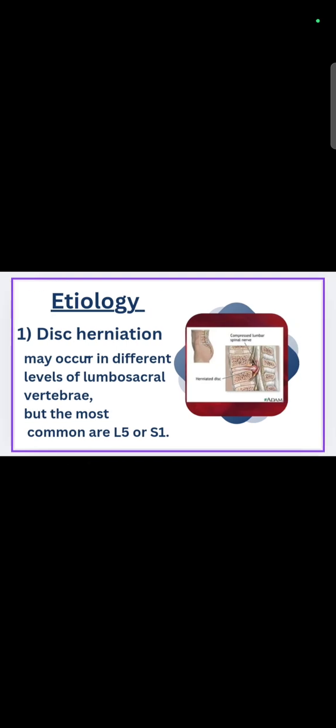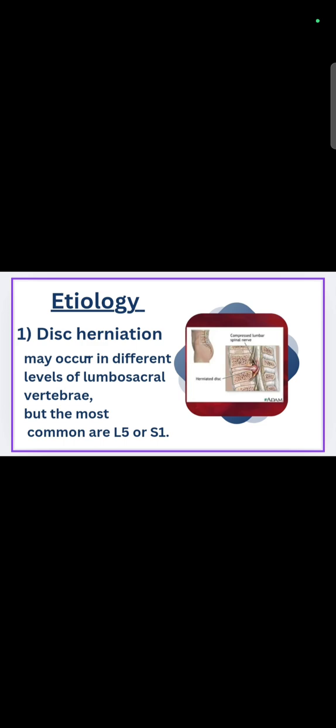Etiology of sciatica. Etiology means the causes. In that, the first one is disc herniation. Herniation means bulging. You know that in the vertebral column, in between the vertebrae, there is a disc.